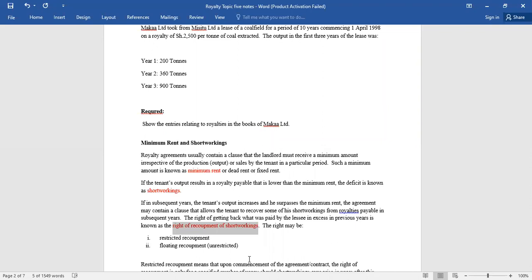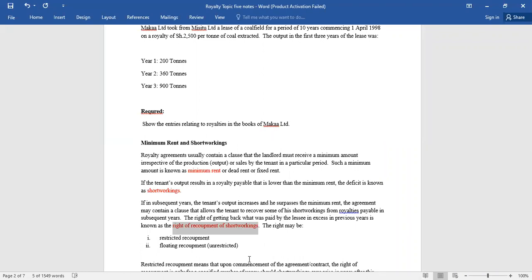If there were any shortcomings in year 1, we were supposed to have recovered them in the subsequent year. If not, it will end there. Remember, our restriction is 2 years, so year 2 can only go to the subsequent year 3. Are we there? That's how the restricted recoupment occurs.